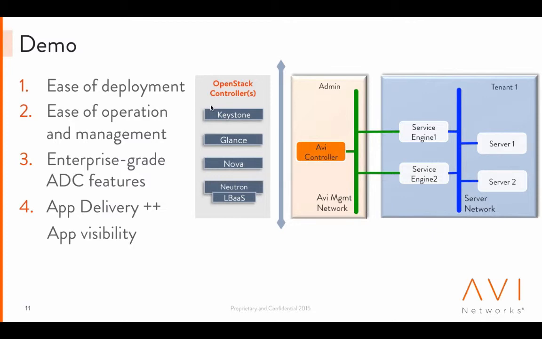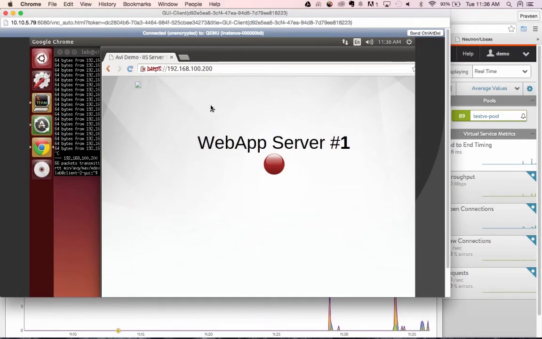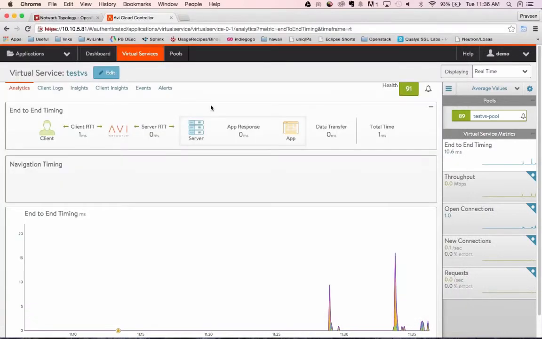There is a full list of features. You can look at our manual to see the range of features that we have. As I mentioned before, we have features beyond typical application delivery, providing a lot of visibility into the application. I'll just briefly talk about it because we are running out of time.